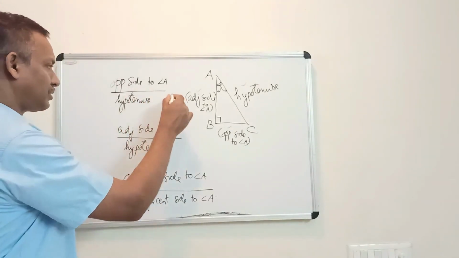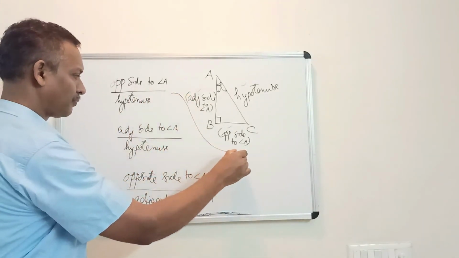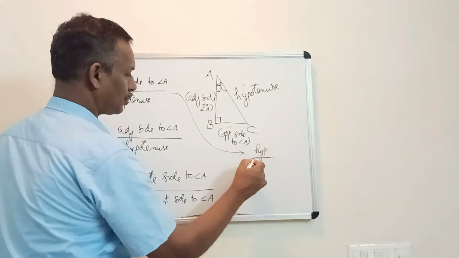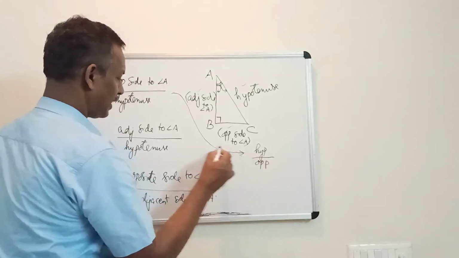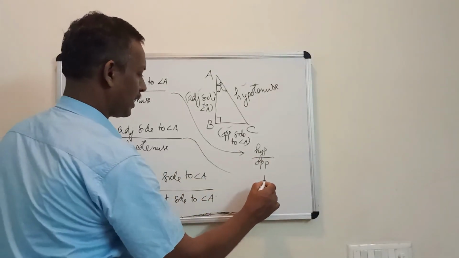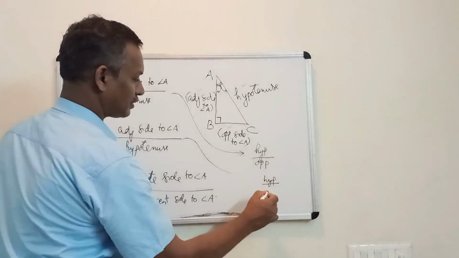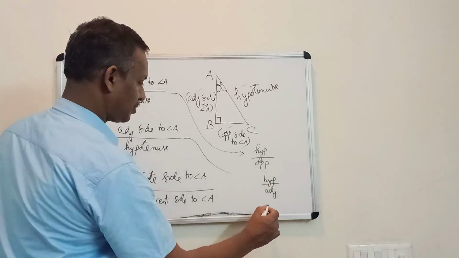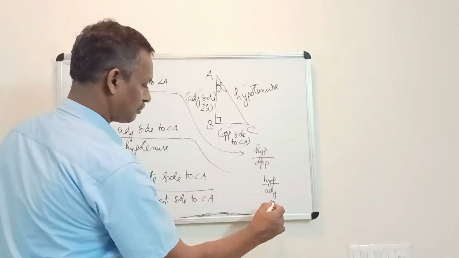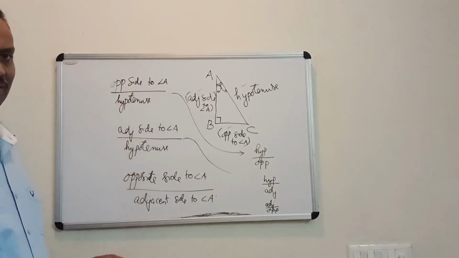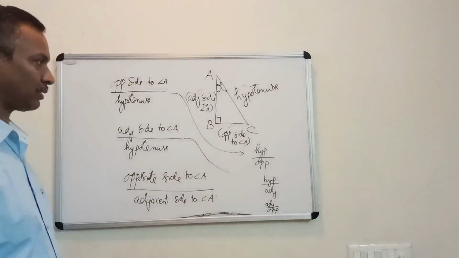This is first, its reciprocal is hypotenuse by opposite. The second one's reciprocal is hypotenuse by adjacent. And the third one's reciprocal is adjacent by opposite. The first 3 we have written, the reciprocals also we can make.